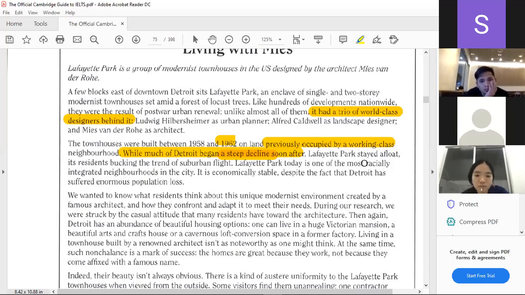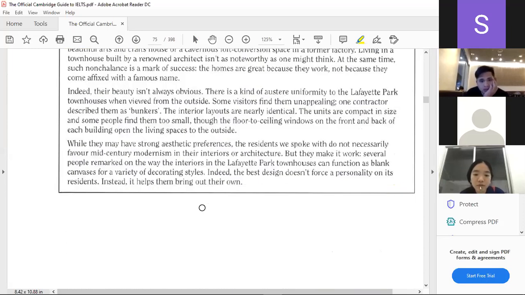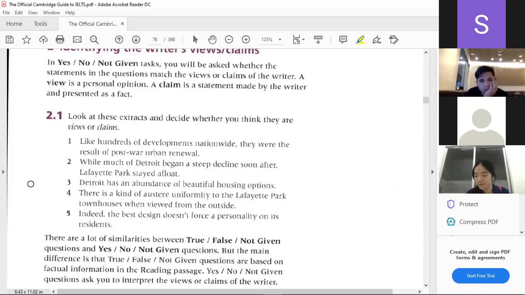Lafayette today is one of the most vertically integrated neighborhoods in the city, economically stable, despite the fact that Detroit had suffered enormous population loss. But look at the line highlighted right here: while much of Detroit began a steep decline soon after. And they said 1962 right here. So the answer is? Yes, it's a yes.